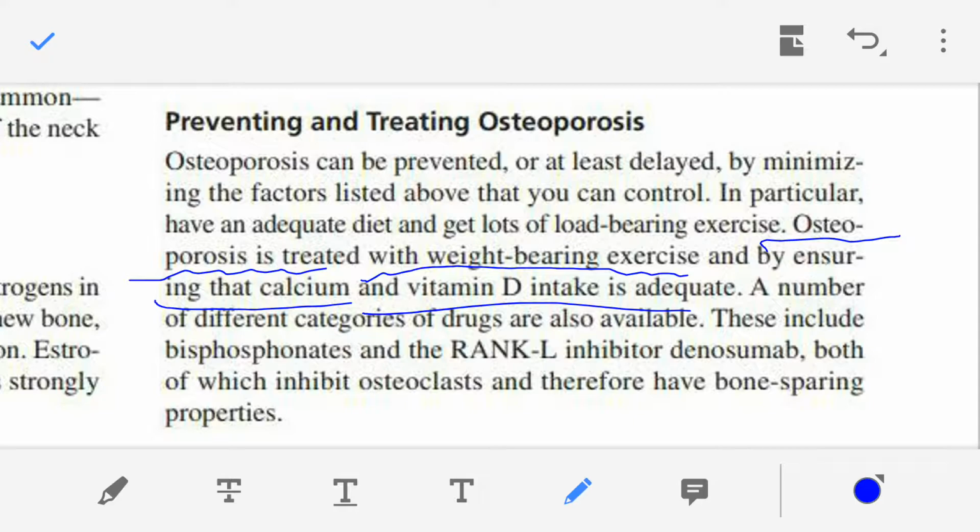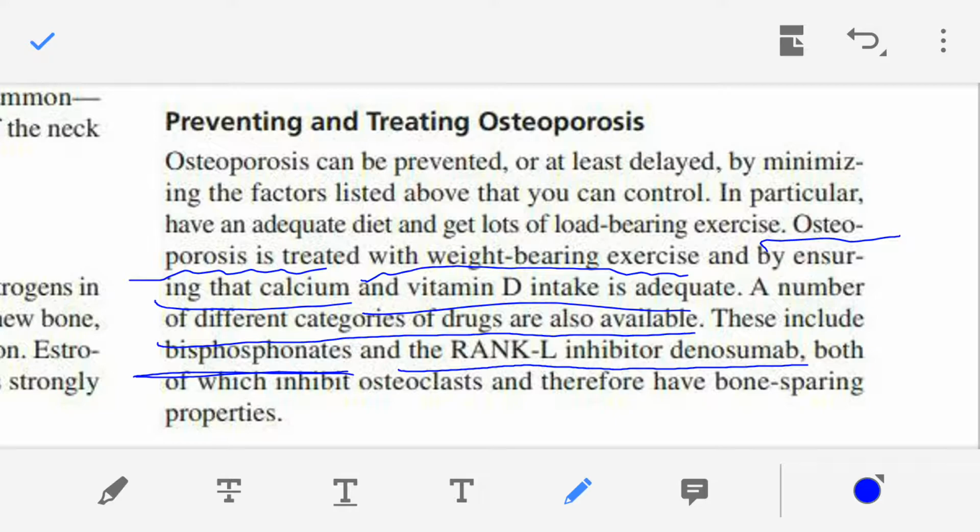Then to treat osteoporosis, there are different categories of drugs available in the market, and these drugs include bisphosphonates and RANKL inhibitor, denosumab. So these are the drugs which can be used for the treatment of osteoporosis.